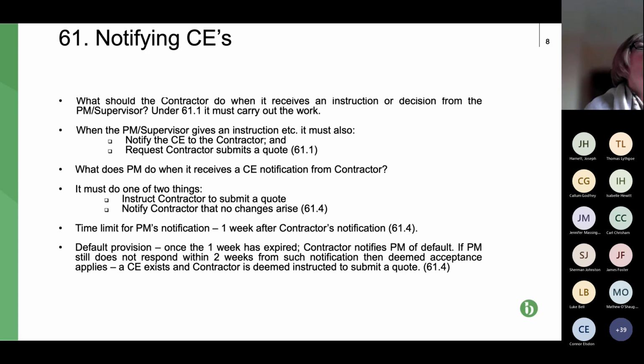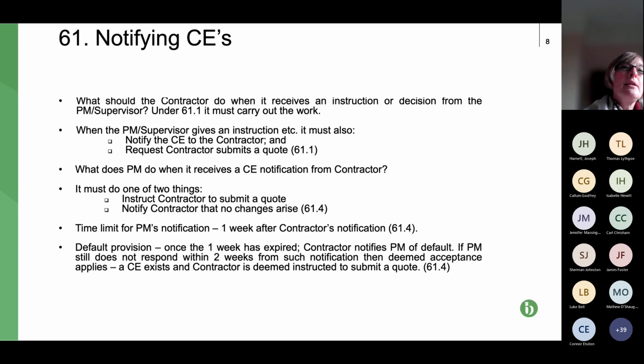So what the contractor wants to be doing is keeping the discussions going with the project manager and keeping the process moving. So the project manager makes an assessment, it's substantially less than the contractor's quote, and the contractor doesn't think it's realistic at all.